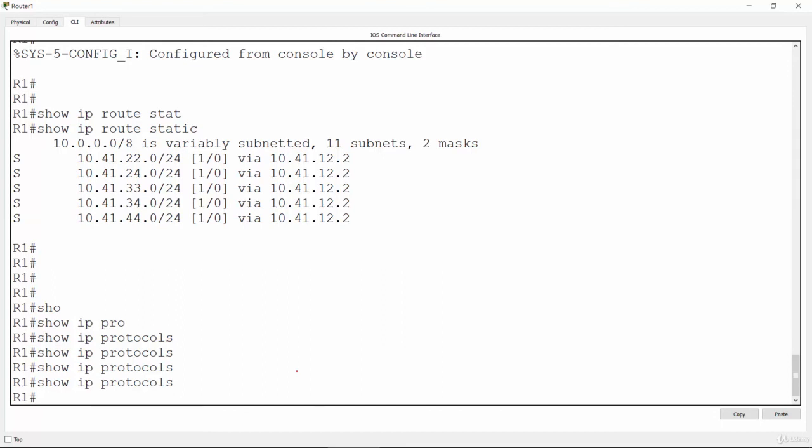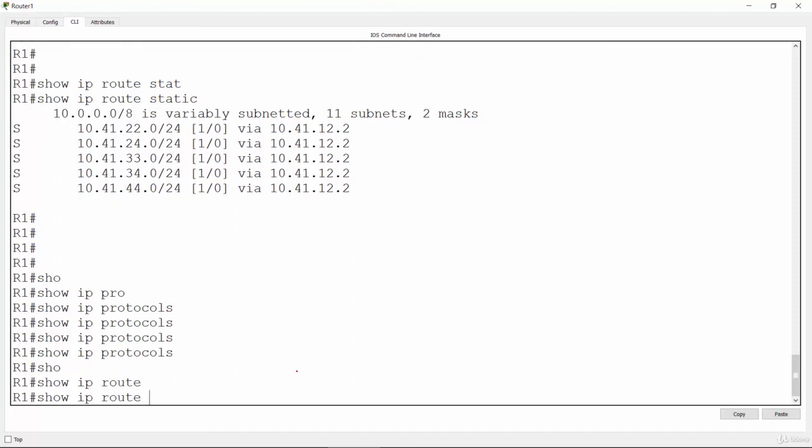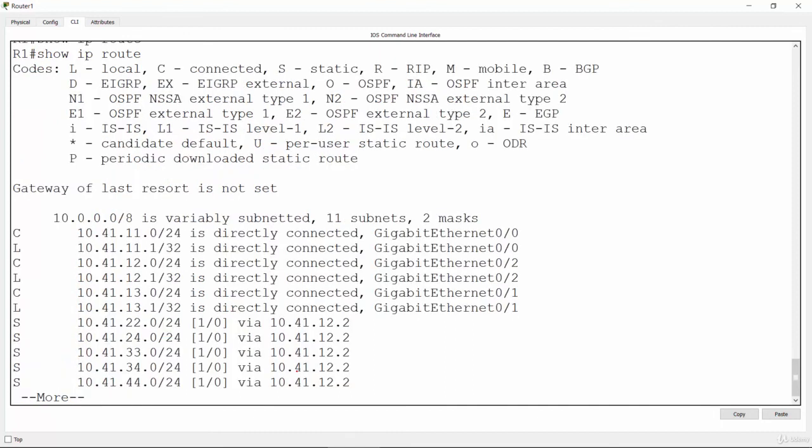Everything is right. This is the output that I expect to see because I didn't use any dynamic routing protocols. Because I didn't use any dynamic routing protocols, show ip protocols output is actually nothing because I used static routing. And the second command is show ip route.